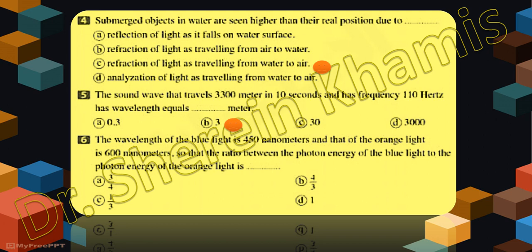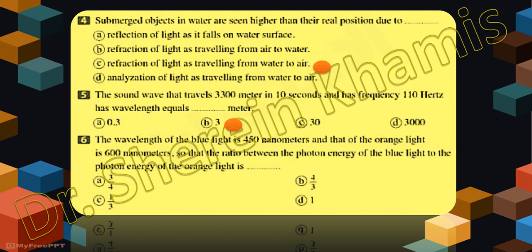Okay, so we are going to question 6. The wavelength of the blue light is 450 nanometers, and that of orange light is 600 nanometers. So the ratio between the photon energy of the blue light to the photon energy of the orange light will be, okay, we have blue and orange. We make the ratio between them, 450 over 600, but we take the inverse for each one.